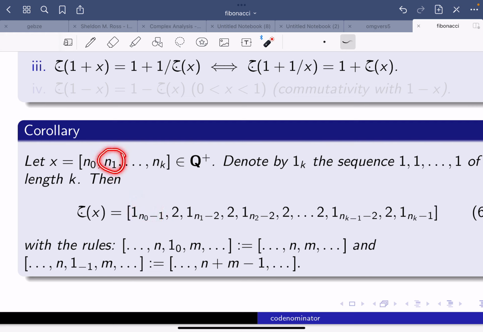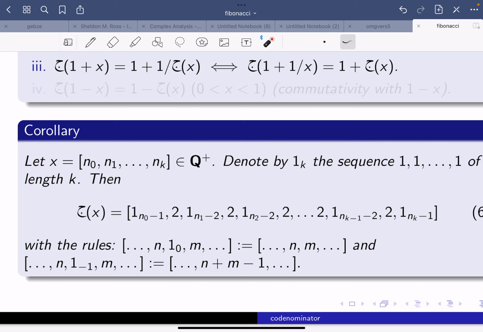And again, I replace n_1 by a string of 1s, but this time of length n_1 minus 2. And I do the same thing again, and so on, up until right before the last index. And for the last index, I do the same as I did at the start. So I replace n_k by a string of ones of length n_k minus 1.